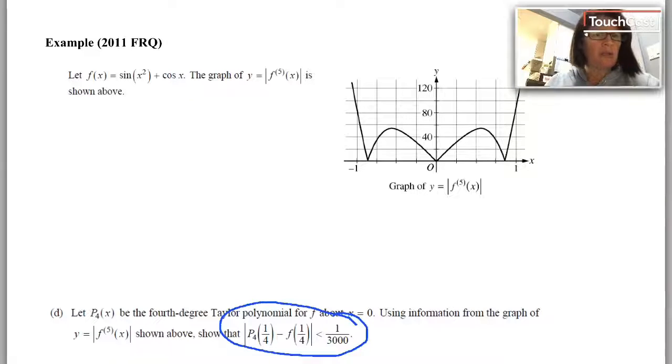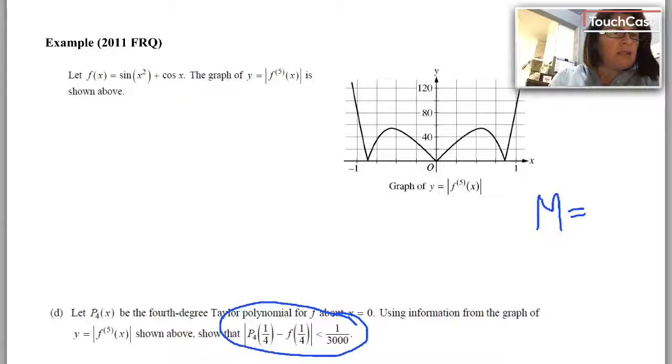I'm going to write a little note here that we're trying to figure out M. M is between 0 and 1/4. So this is a half. This must be a fourth. And so you don't have to be too nitpicky here. Feel free to use a round number.